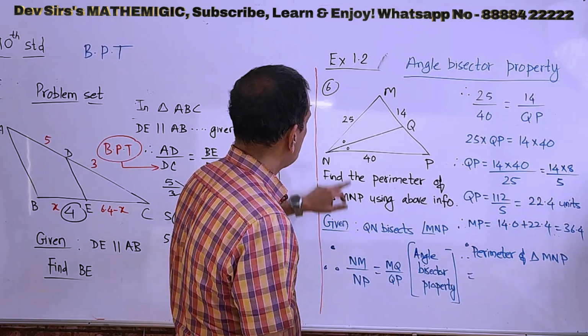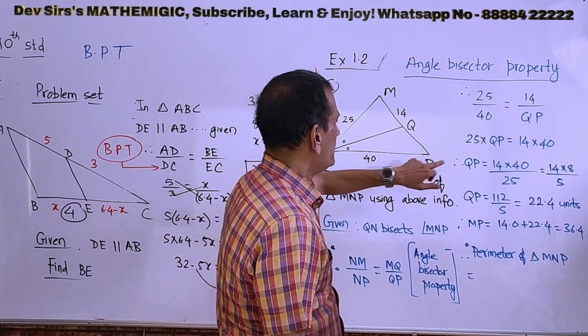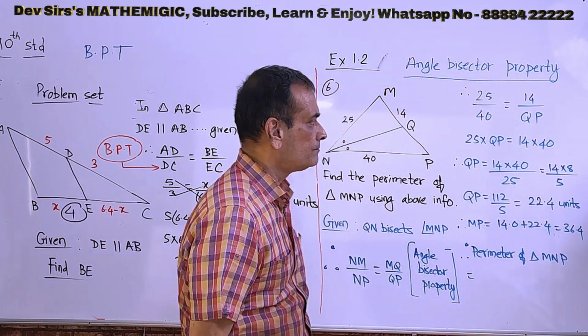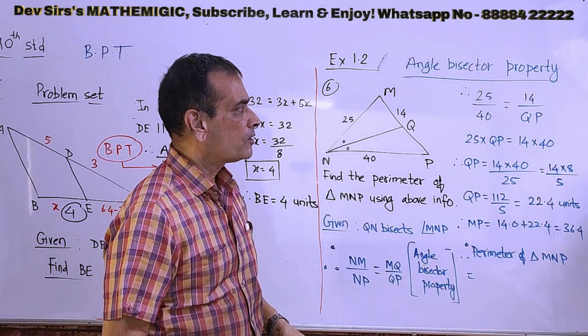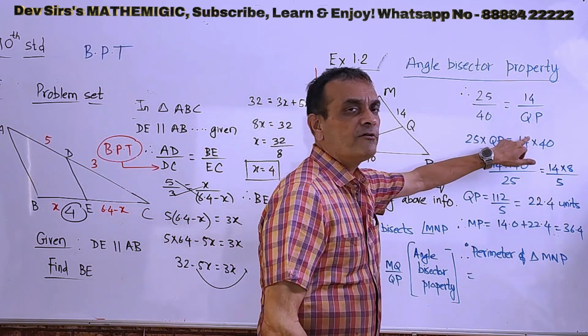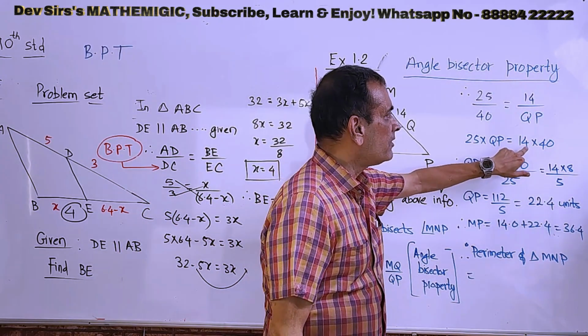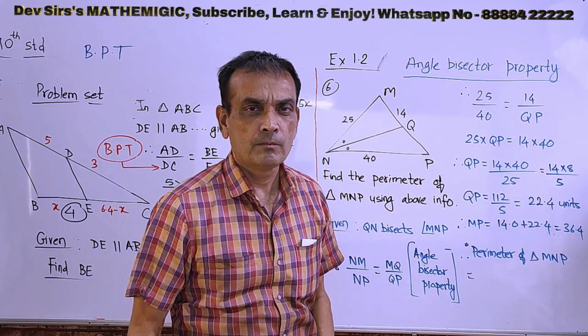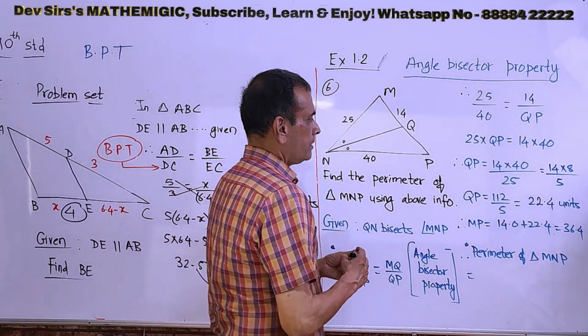Just substitute the values. 25 upon 40 is equal to 14 upon QP. Cross multiply. 25 into QP is equal to 14 into 40.